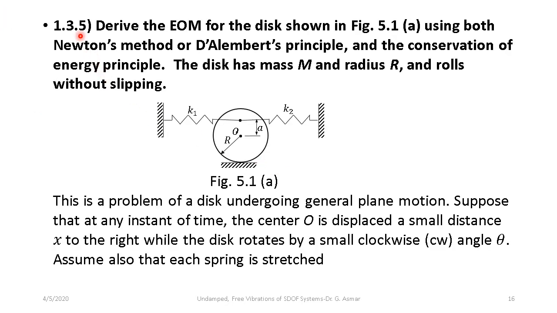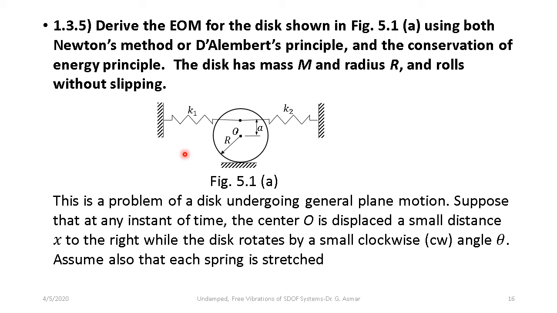Problem number 5. Derive the equation of motion for the disk shown in figure 5.1a using both Newton's method or D'Alembert's principle and the conservation of energy principle. The disk has mass m and radius r and rolls without slipping on the surface right here.